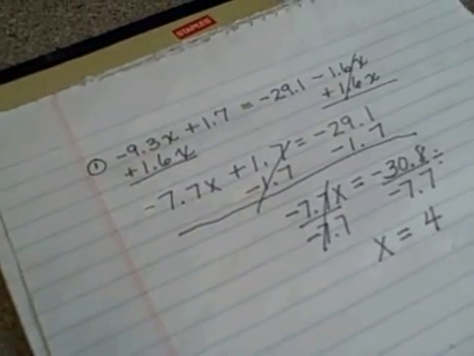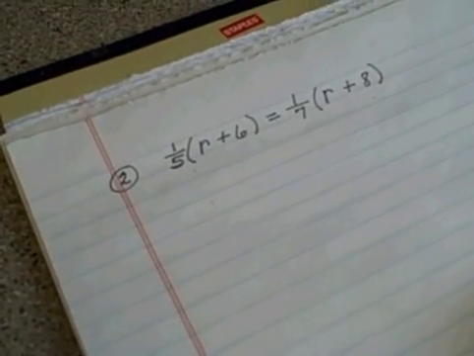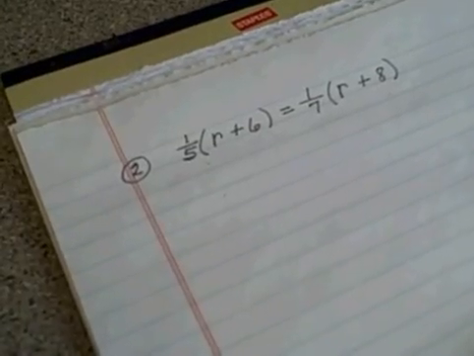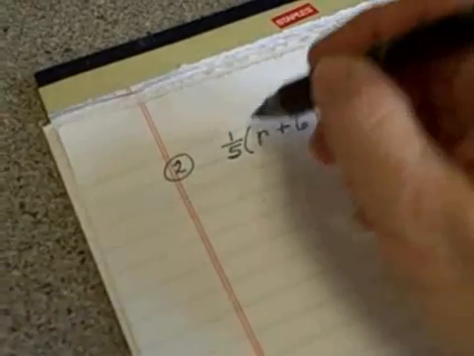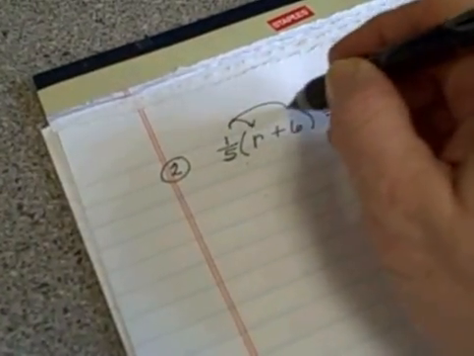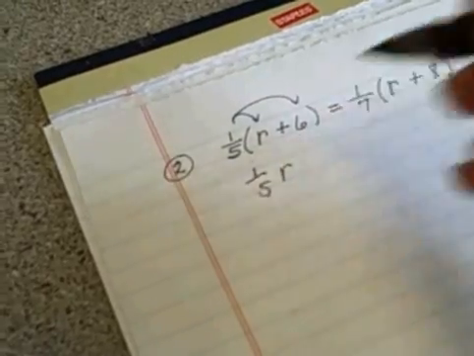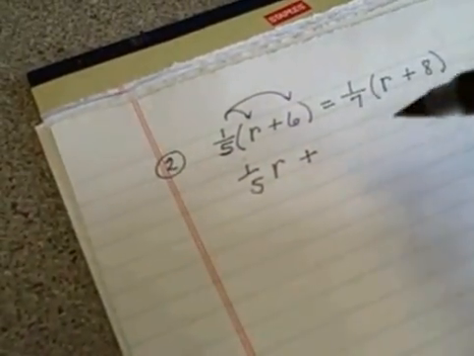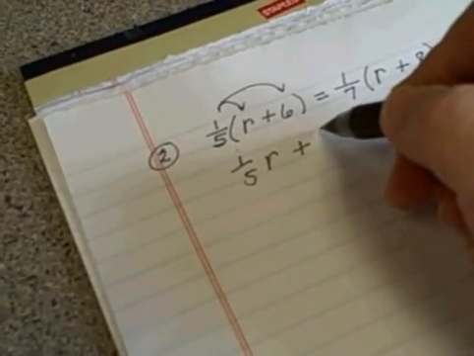Now let's do one with a fraction in it. These fractions aren't particularly hard, but some people are nervous about fractions anyway. So here you see we do have simplifying to do. We need to multiply through the 1/5. 1/5 r plus, when you take 1/5 times 6, by hand you'll get 6/5.